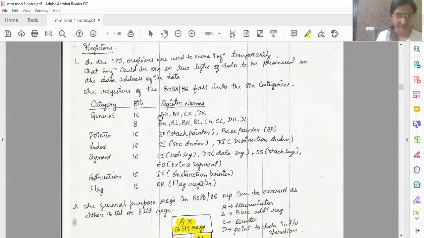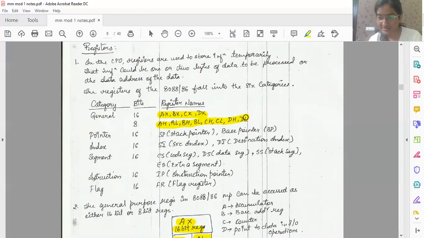As you can see here, AX, BX, CX and DX are all 16-bit in size, and AH, AL, BH, BL, CH, CL, DH and DL are all 8-bit in size. AH and AL are the two 8-bit registers of the accumulator register. What is the function of this accumulator register?